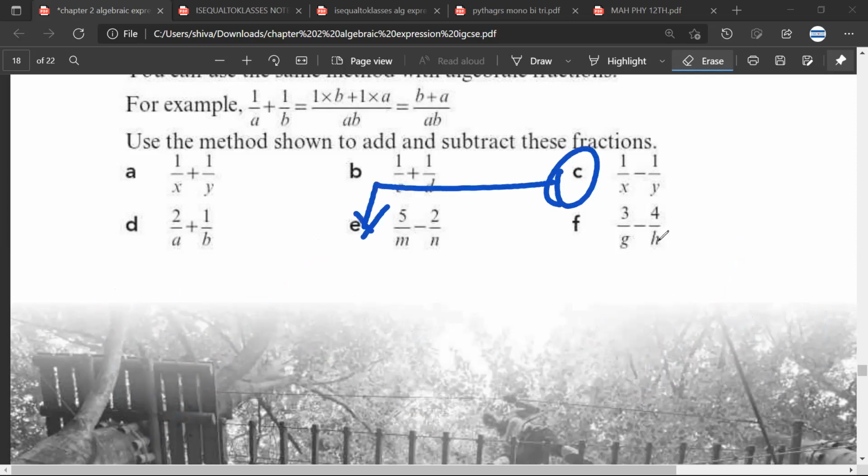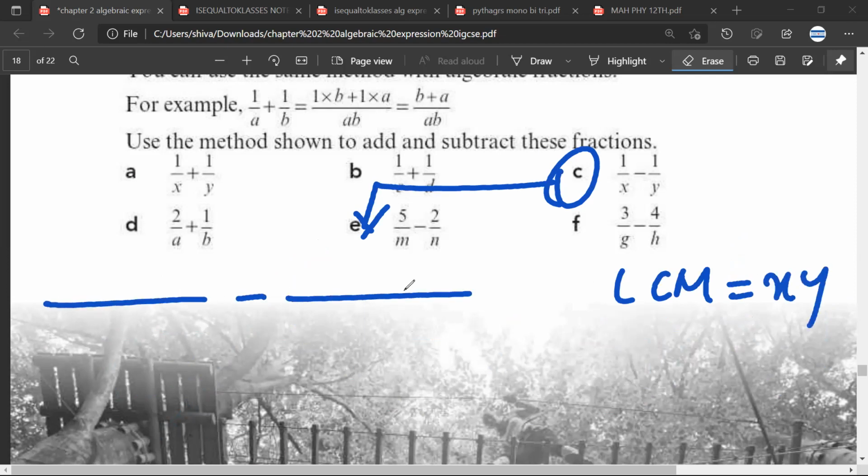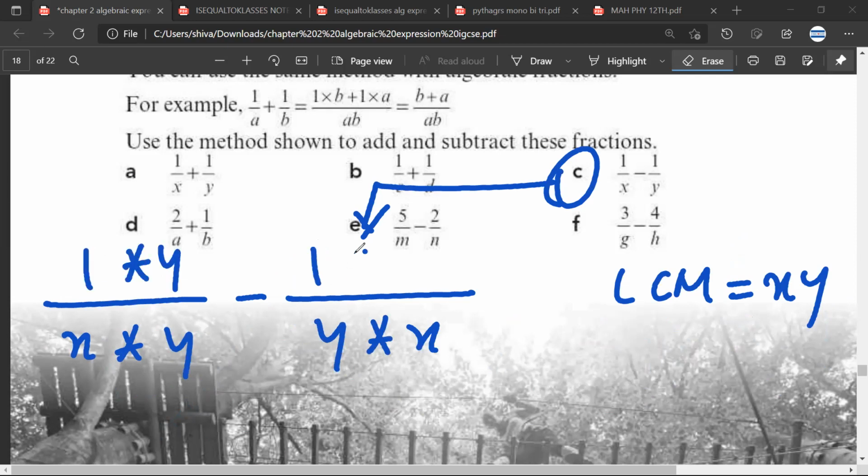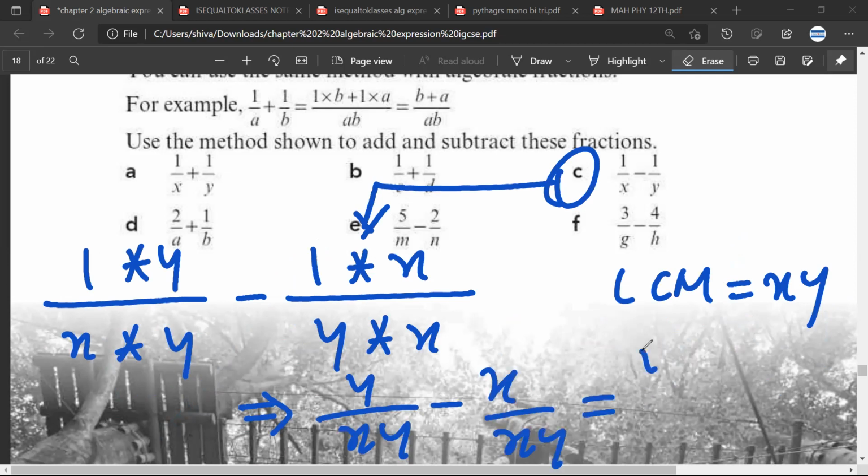Satya, how should I do this? So we have to find the LCM. So LCM is xy. So 1 upon x is 1 into y upon x into y, minus 1 upon y is 1 into x upon y into x. So y upon xy minus x upon xy, which would be equal to y minus x upon xy. Mr. Arvind, any doubt? No, sir.